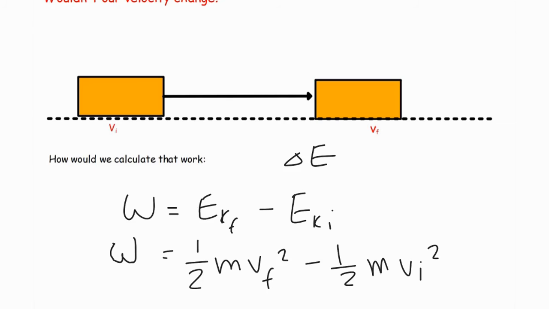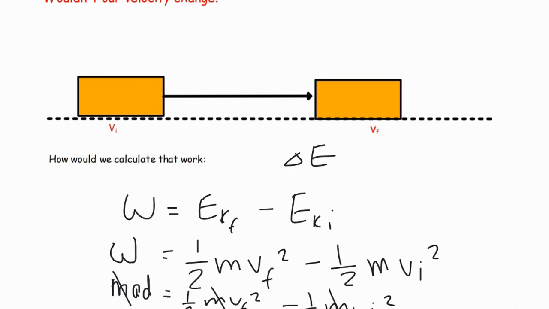Which is the same as force times distance. Maybe we can get crazy with this. Let's do it. Force is mass times acceleration, times distance, equals 1/2 mvf squared minus 1/2 mvi squared.